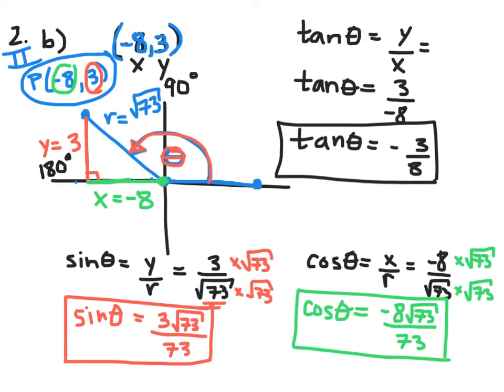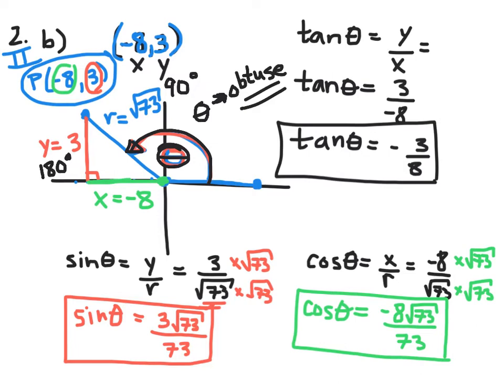The angle that we're looking for is between 90 and 180. It's an obtuse angle. We know theta has to be obtuse, so it has to be bigger than 90 and less than 180. So our final answer has to be in between those two numbers. If it's not, we're going to have to appropriately fix it somehow.